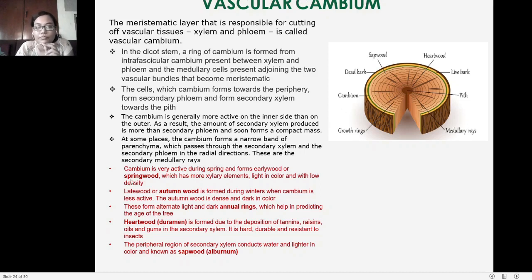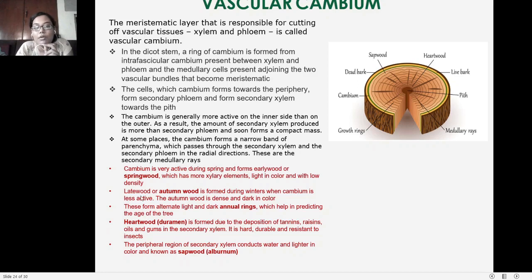Now we come to wood formation. The cambium is very active during spring and forms early wood or spring wood. During the spring season the cambium is much more active than in the autumn season, so much more xylary elements are formed, and these are called spring wood.